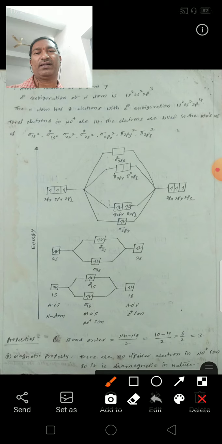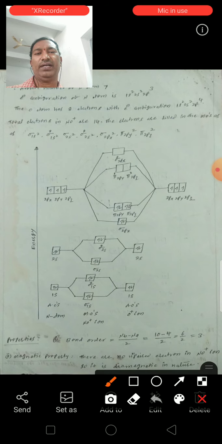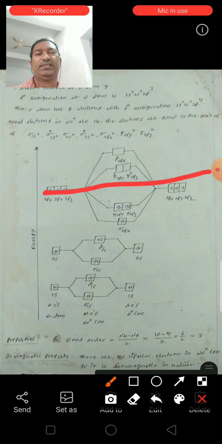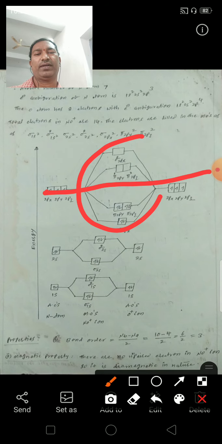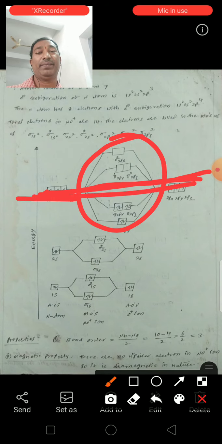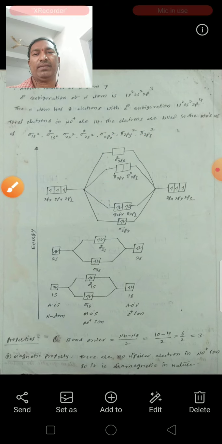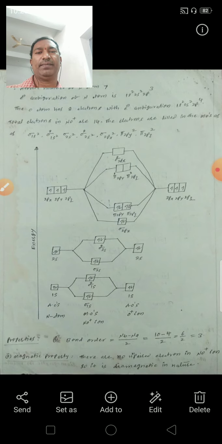See here, this is the symmetric molecular orbital. In the symmetrical molecular orbital, these 4 pi orbitals are the same.